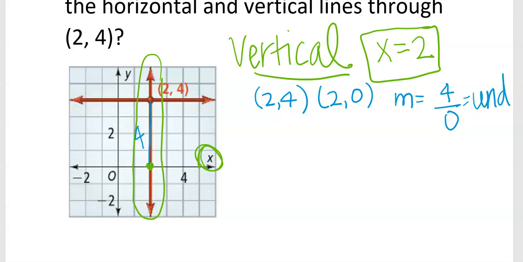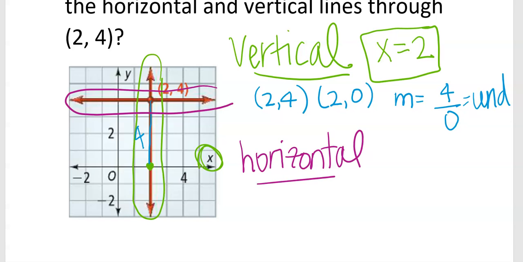So let's also do the horizontal line. This one is kind of the same. So we're looking at this one. We have the point 2, 4 on there. We can use it if we want to. What's this point right here? 0, 4. Okay, so this point right here is 0, 4. This point right here was 2, 0.